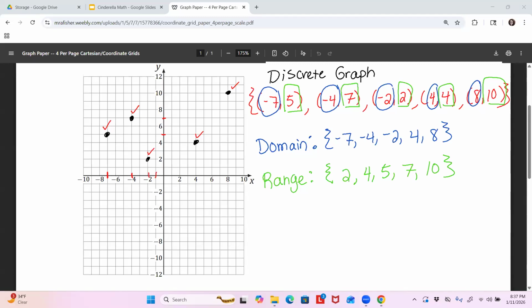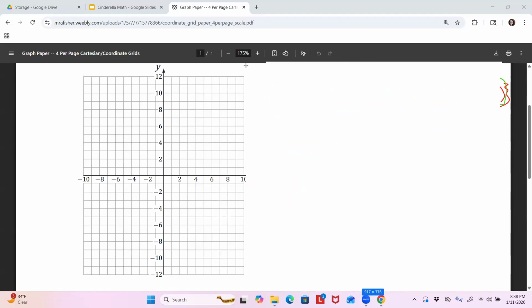Here's the hardest thing. And if you're in pre-algebra, you may not even do this next part, but if you're any level higher, you probably will. This will be called a continuous graph. If you're in Algebra 2 and beyond, you'll work with non-continuous graphs as well, but that will not be in this video.